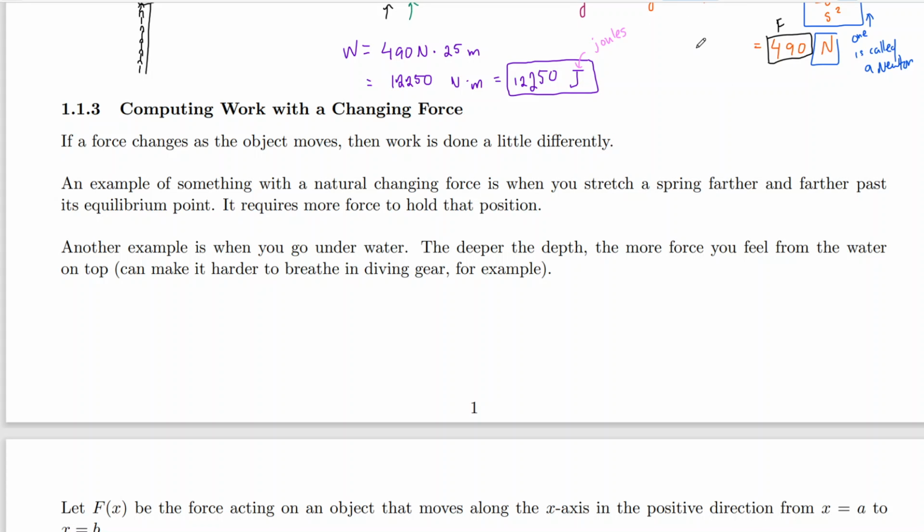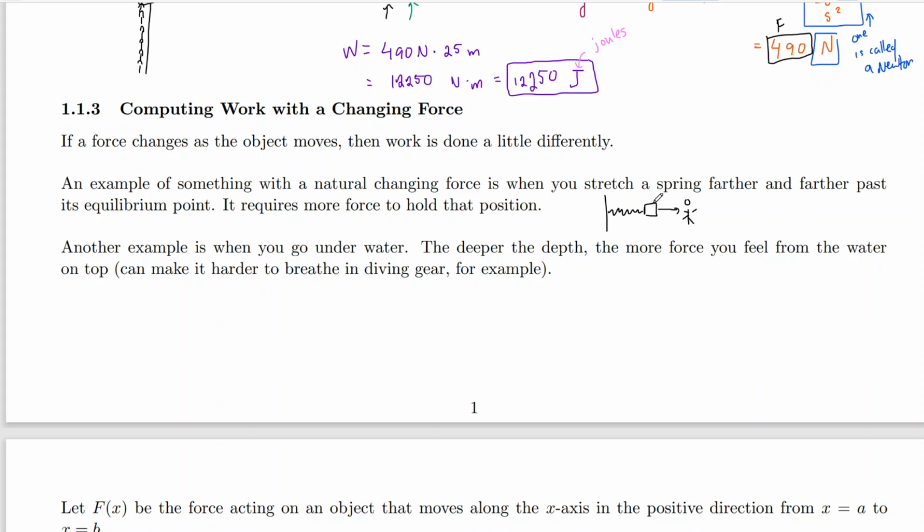And really, there's two main examples that are relatively easy to explain. An example of something natural is when you stretch a spring farther than its equilibrium point. Let's say you have a spring attached with some sort of mass at the end, and it just sits here. But if you grab the mass and yank it out this way, it's going to shove itself back in.